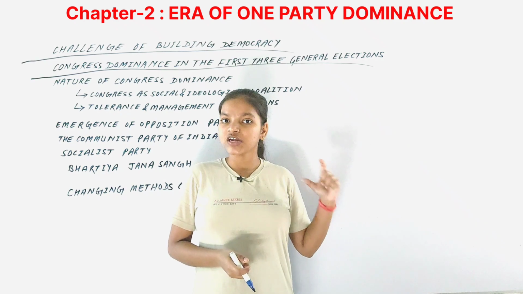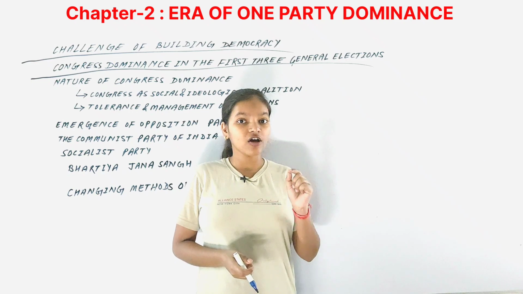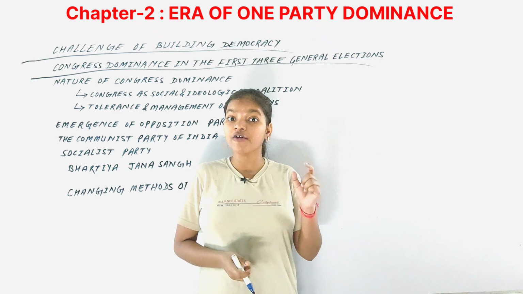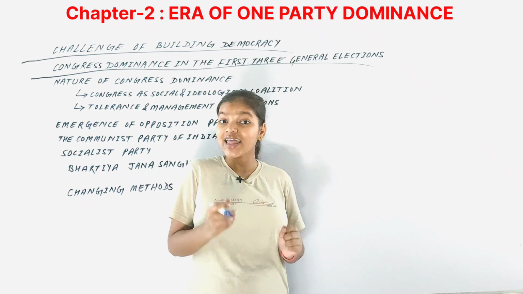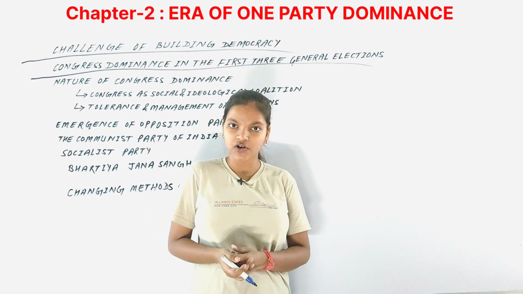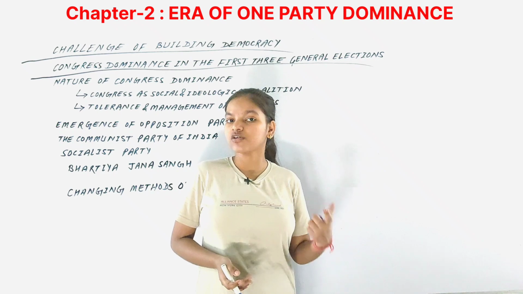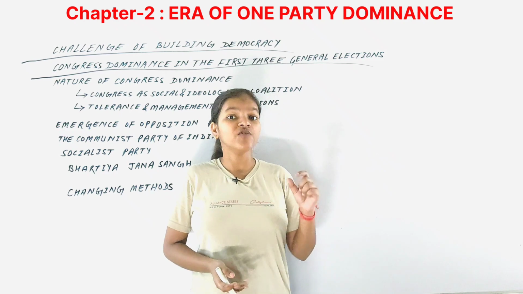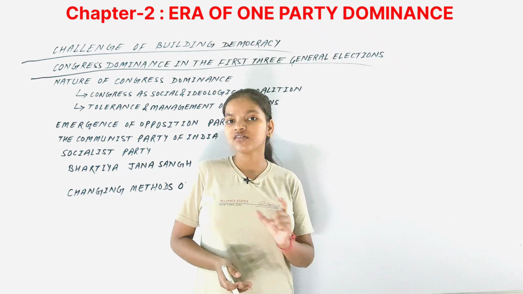In the first general elections of 1952, the Congress party got 364 seats out of 489 seats of Lok Sabha. So you can see the extent of the seats that they had won. The second largest party in terms of seats was the Communist Party of India, which got only 16 seats in the country's Lok Sabha.